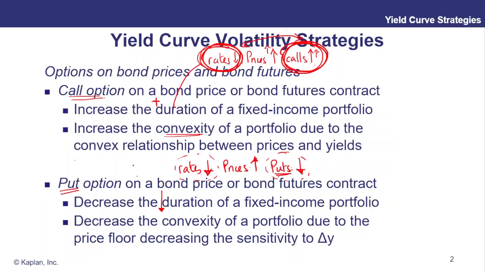Now, we did say that being long puts decreases your convexity. And that is true. A long put position has negative convexity because you're essentially selling bonds through a long put. The way to realize this is to imagine if our put started winning. That would be when rates go up and prices fall. That's when, if we think about our long bond setup we're so familiar with, yields go up and prices fall. But they fall at a slowing rate, don't they?